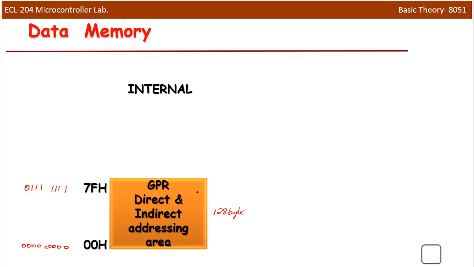So in order to address 128 locations, we require only 7 bits, but we represent it in 8 bits. That's why 00H to 7FH is the memory address range of the general purpose RAM.